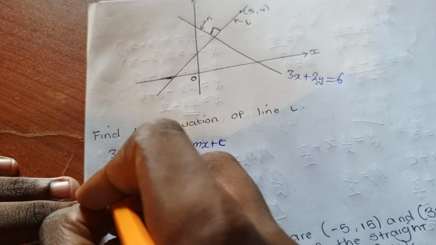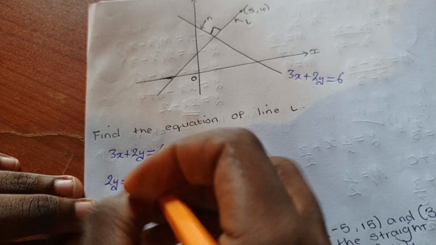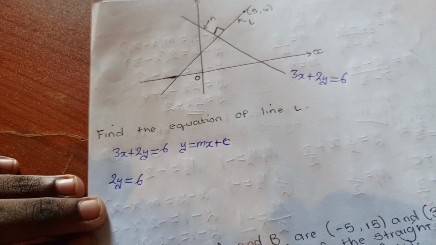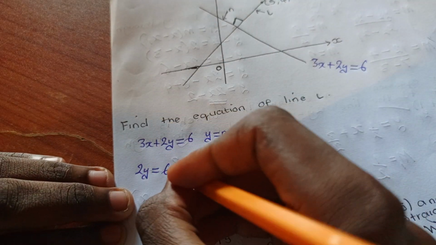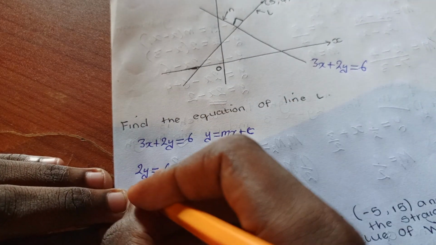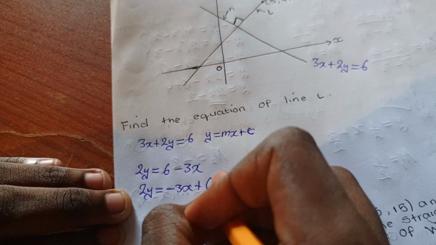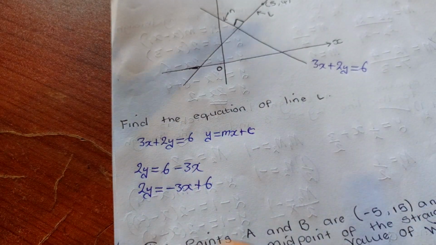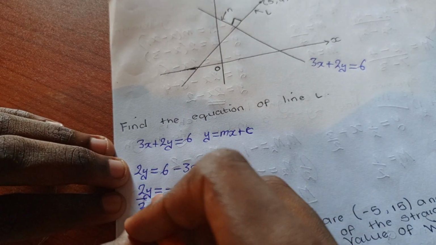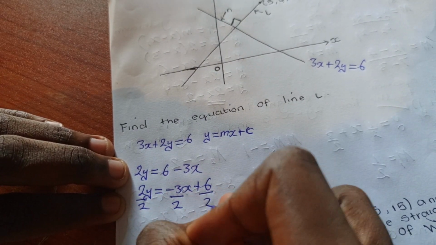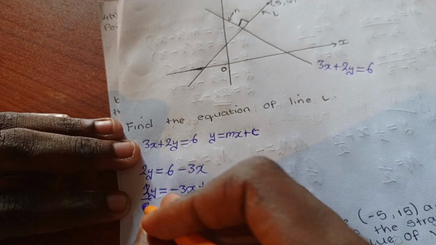So 2y is equal to 6. The 3x has to cross the equal sign there, so it will become negative 3x. You can just write it properly there: negative 3x plus 6. So we divide throughout by 2. Over 2, over 2, over 2. The 2 and the 2 cancel.